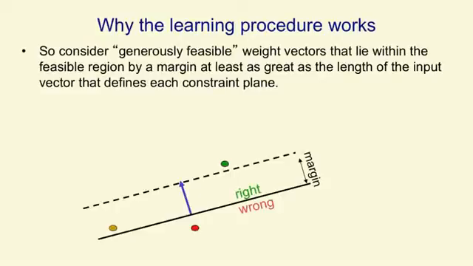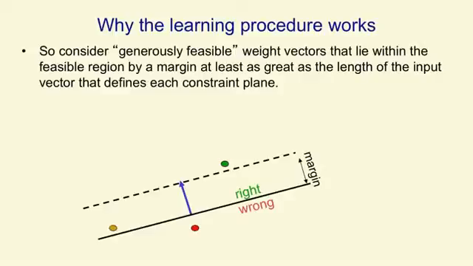So what we're going to do is define a generously feasible weight vector. That's a weight vector that not only gets every training case right, but it gets it right by at least a certain margin, where the margin is as big as the input vector for that training case. So we take the cone of feasible solutions, and inside that we have another cone of generously feasible solutions, which get everything right by at least the size of the input vector.